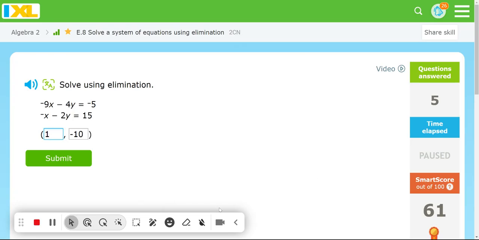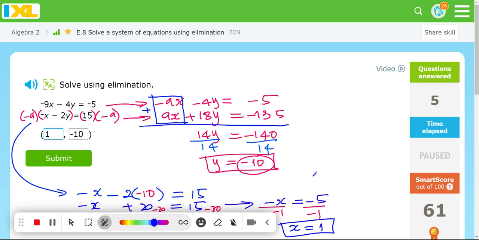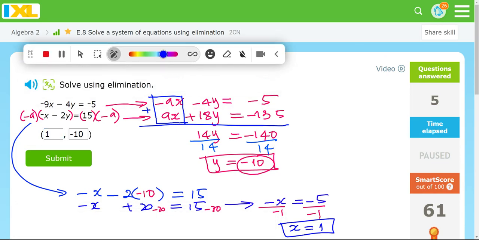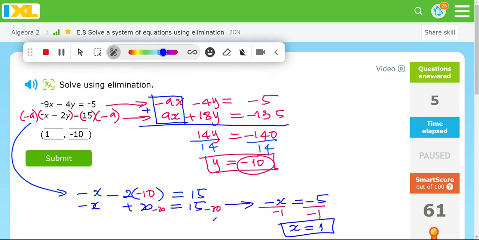Okay, so let's get my pen here. What happened here? Y equals negative 10. So I got that correct. So let's move up here. Subtract 20 becomes negative 5. All right, so let me investigate from the beginning here. Okay. Negative 9 times negative x, 9x.